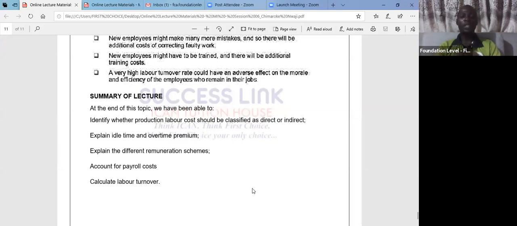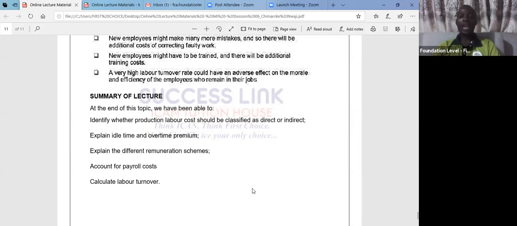We've seen the different remuneration schemes. We see the hourly rate scheme, whereby the number of hours you work is multiplied by the rate per hour. We saw the piecework, where the number of units you produce is multiplied by the rate per unit. We see the incentive scheme where you are paying graduated rates according to how many units you produce and above.